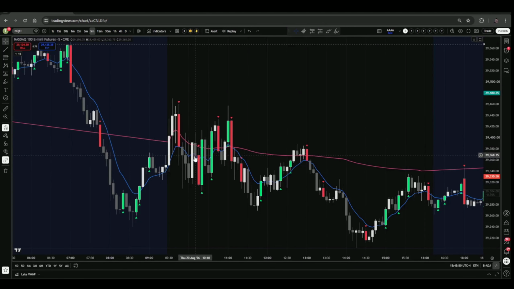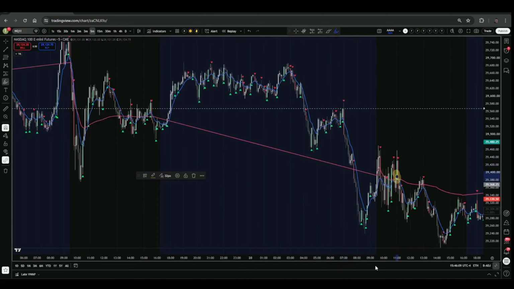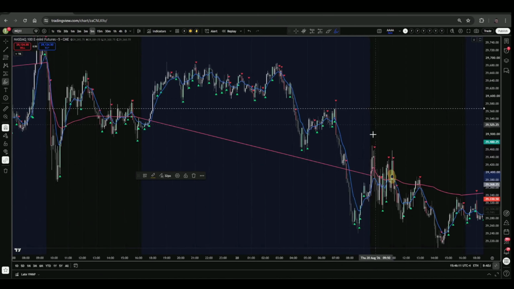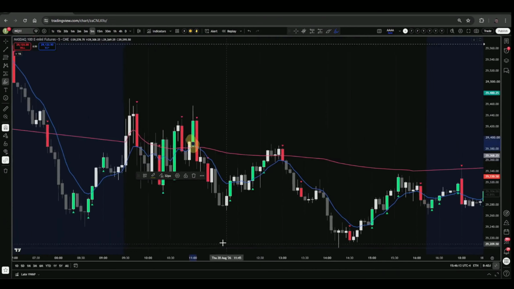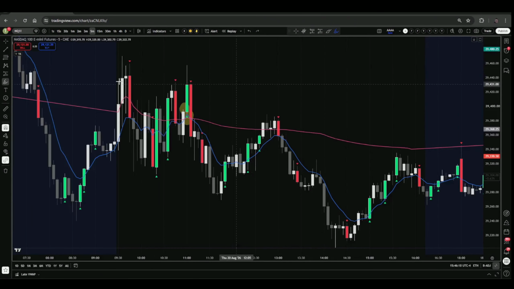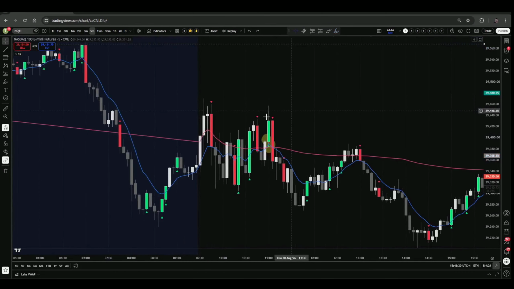The 9 EMA is below the VWAP a lot of the time. Here it crossed. Let me mark that. Here it crossed on the green candle. But yeah, you don't have room to go upwards. You could trade it higher, but we're trading the regular hours, and you don't have too much room to the high.